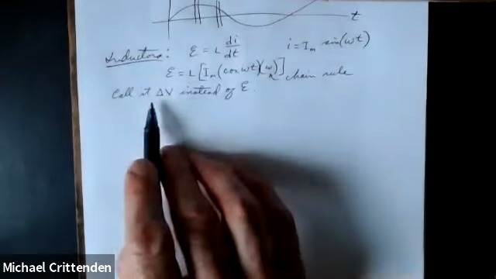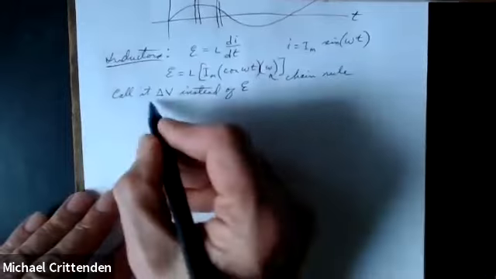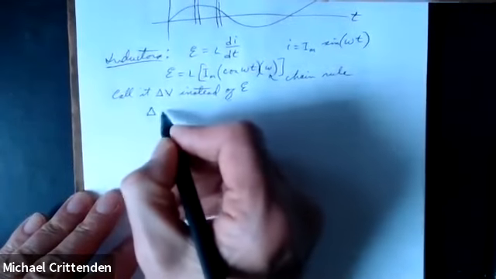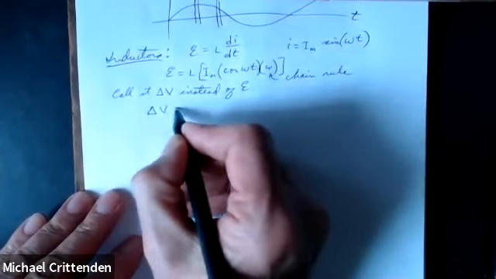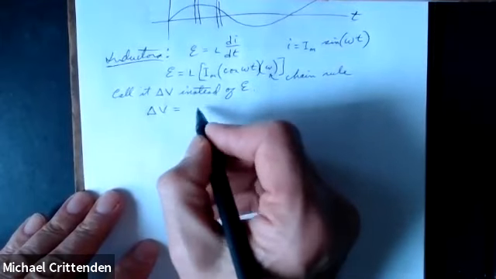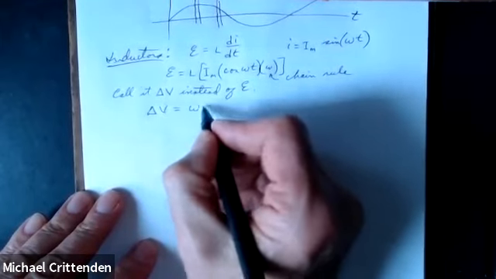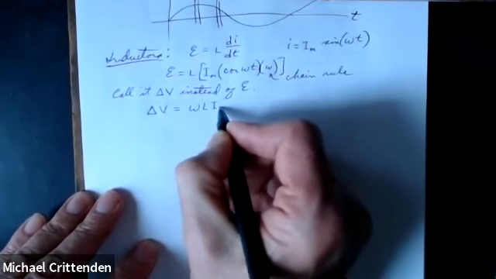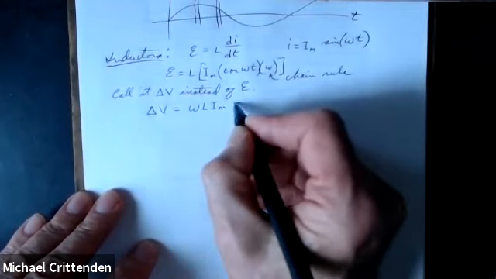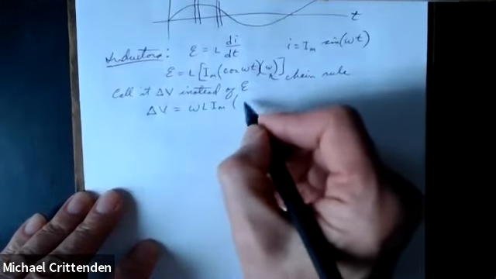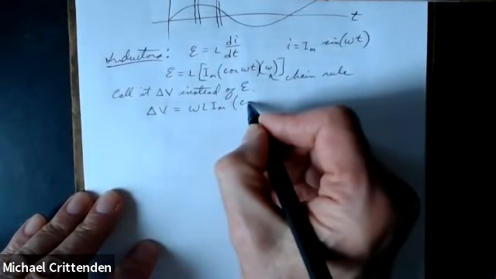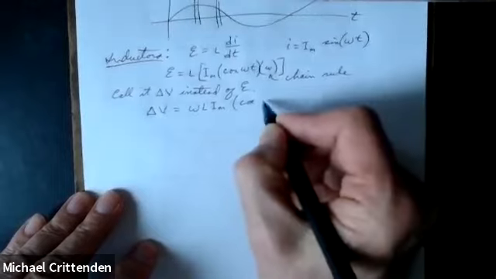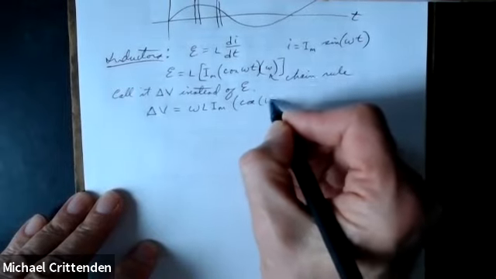So call it delta V instead of E, and the voltage as a function of time across this coil is omega L times I max times the cosine of omega t.